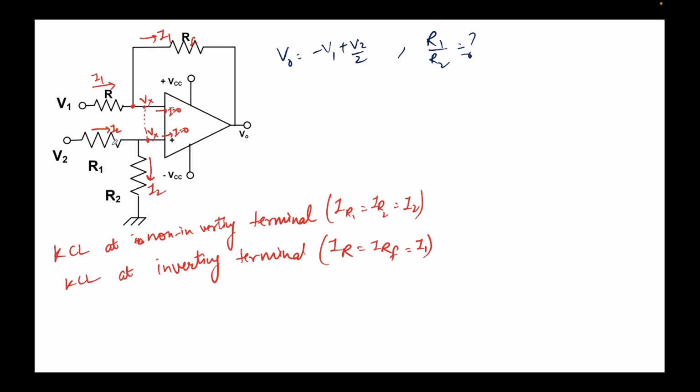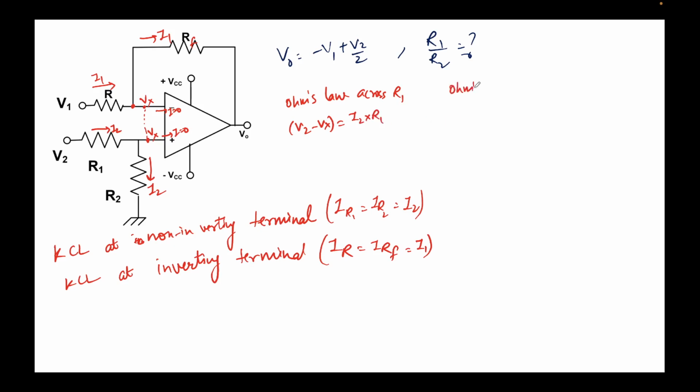Now let's write Ohm's law across the R1 resistor, because we need to find an expression for V0, and to do that we'll write Ohm's law across different resistors. Across R1, I get V2 minus Vx equal to I2 times R1.